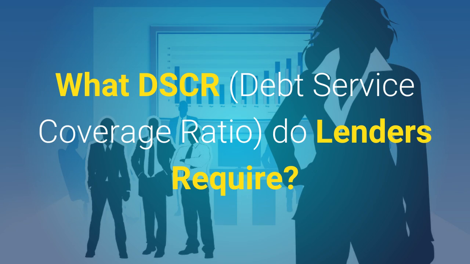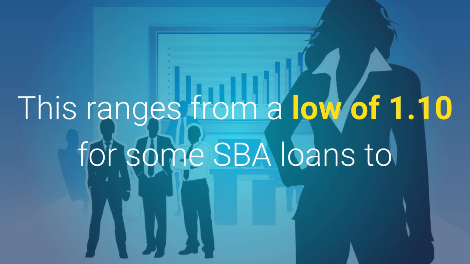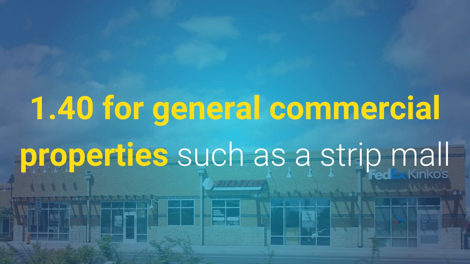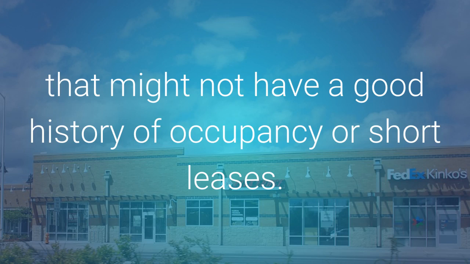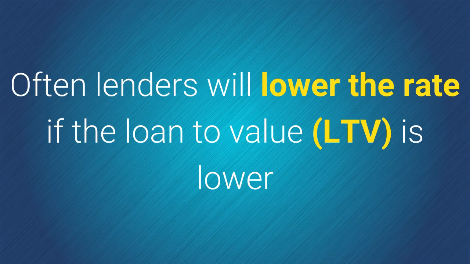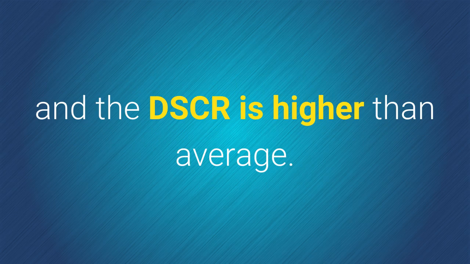What DSCR, debt service coverage ratios, do lenders require? This ranges from a low of 1.10 for some SBA loans to 1.40 for general commercial properties such as a strip mall that might not have a good history of occupancy or short leases. Often, lenders will lower the rate if the loan-to-value, LTV, is lower and the DSCR is higher than average.